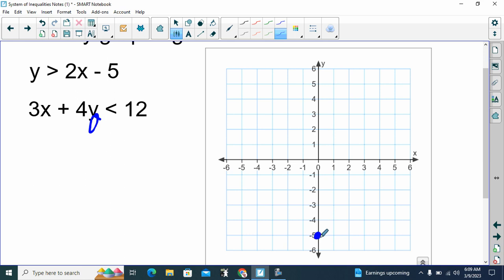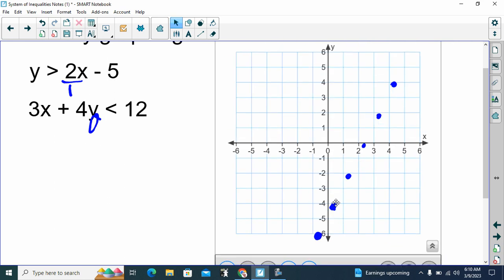So y-intercept is negative 5. Slope is up 2 over 1. We have a dashed line. We don't have the or equal to symbol here, so it is dashed.